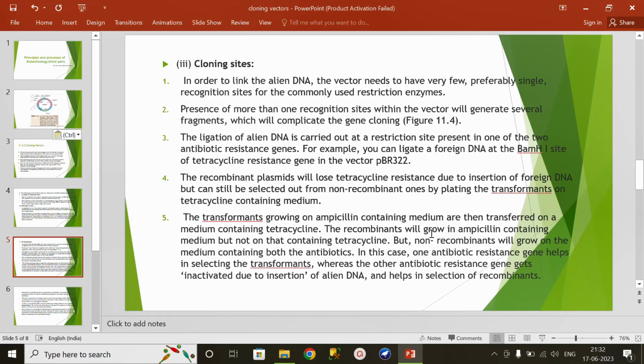That is, the recombinants will grow on ampicillin-containing medium but not on tetracycline, but the non-recombinants will grow on the medium containing both antibiotics.